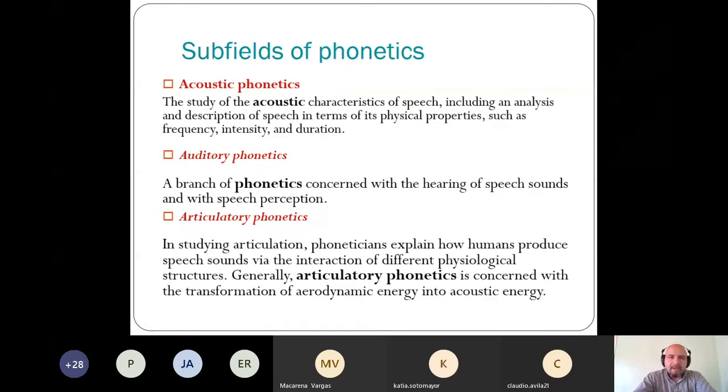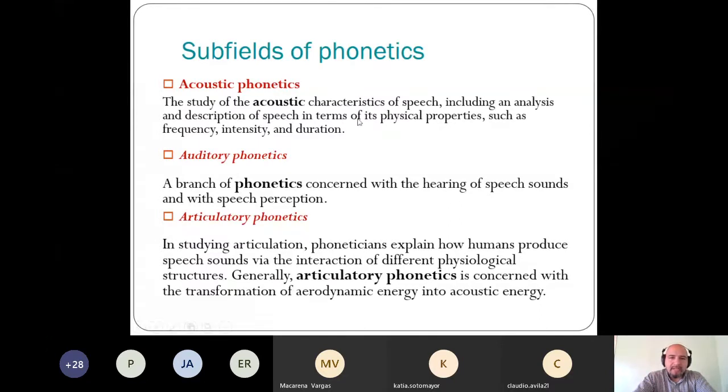Still, they can be registered and evaluated and described by special machines that can record the physical properties of sounds: the frequency, I mean, how often they occur, the intensity, if a sound is loud or if a sound is low, right? And also the length or duration.